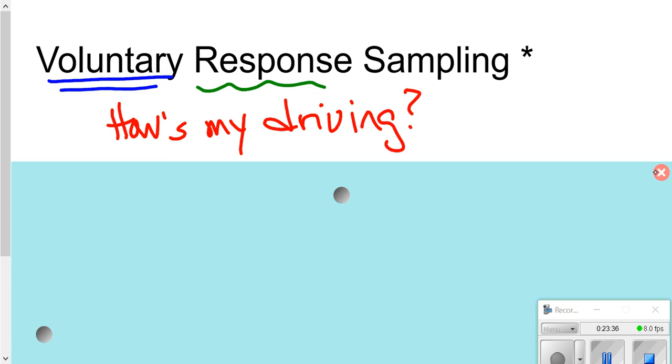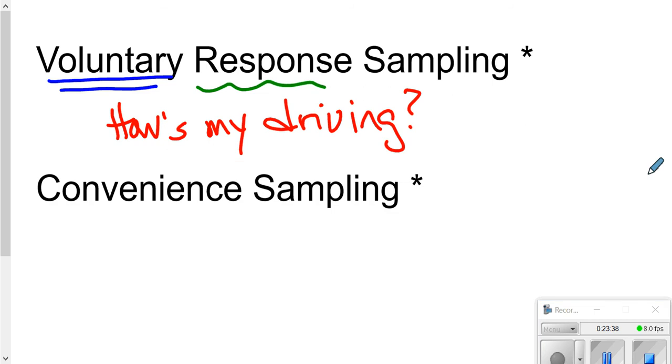Now, the voluntary response sample is flawed in that if you are just asking people to participate, who is it that's actually going to be compelled to participate? So if I said, hey, I want you guys to tell me how you think class is going, some of you are going to be like, man, I don't want to do that. Some of you might be like, oh, I totally do.